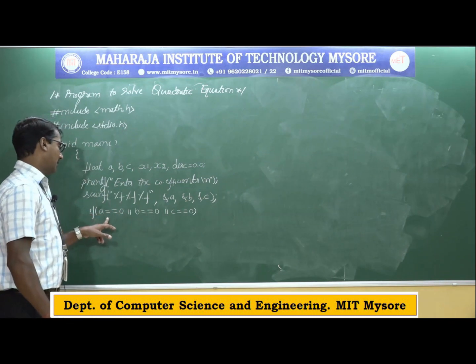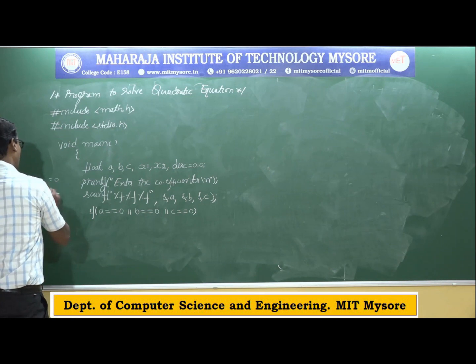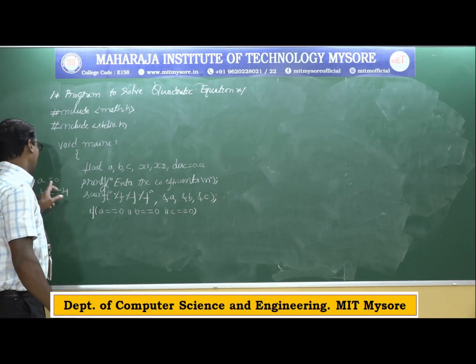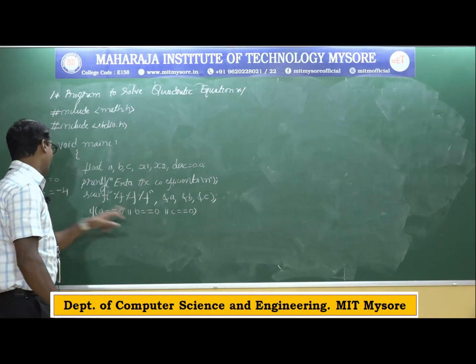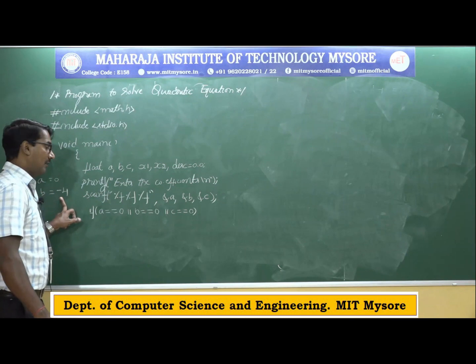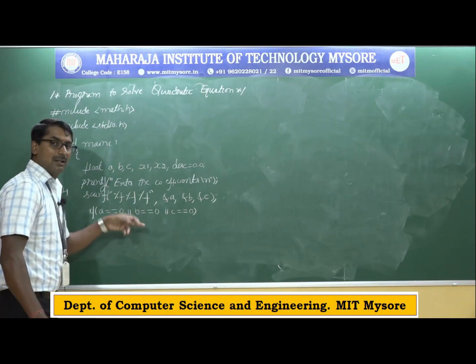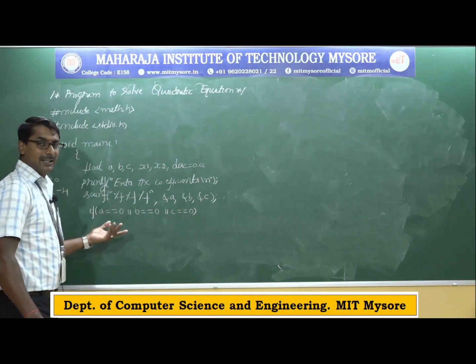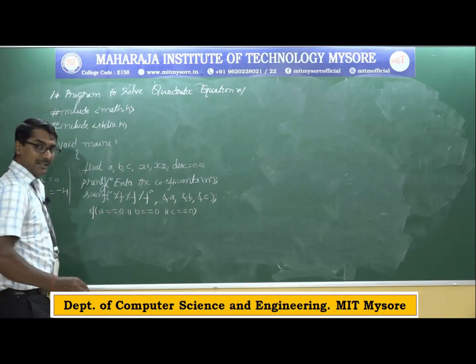If I enter the value of A as 0 and the value of B as 4, then A equal to 0 is true and B equal to 0 is false. True, false becomes true, so the condition is satisfied. If any one of the variable values is 0, this condition will be satisfied.